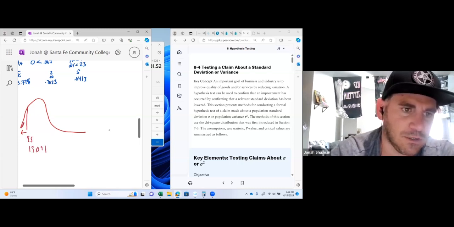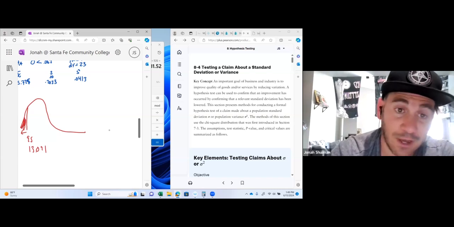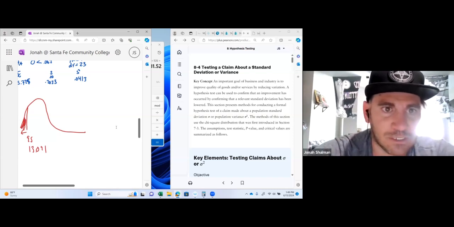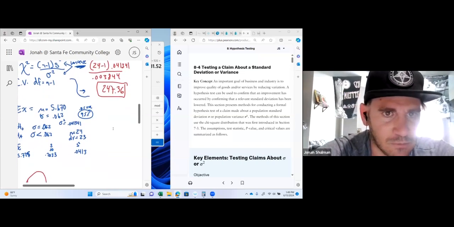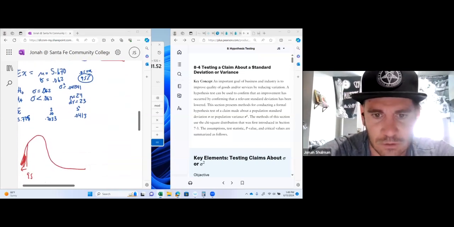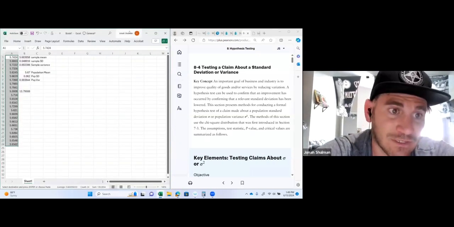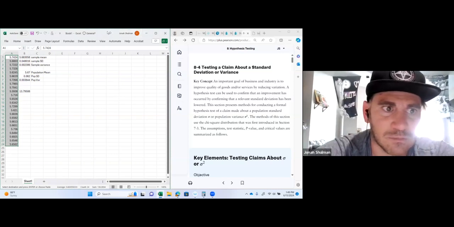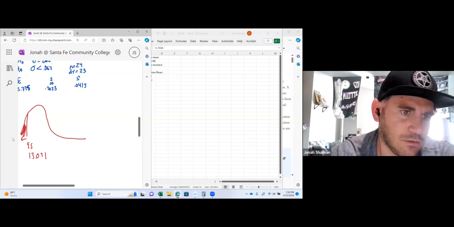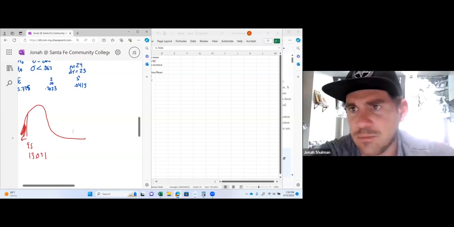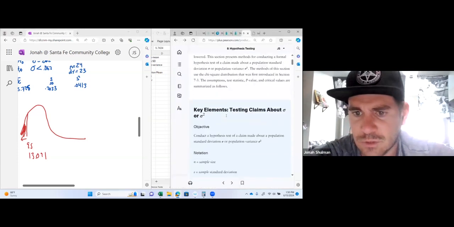We want to be in here, so we want to be beyond that. Our value was 13.79508, which is bigger. I believe that means we're good to go.